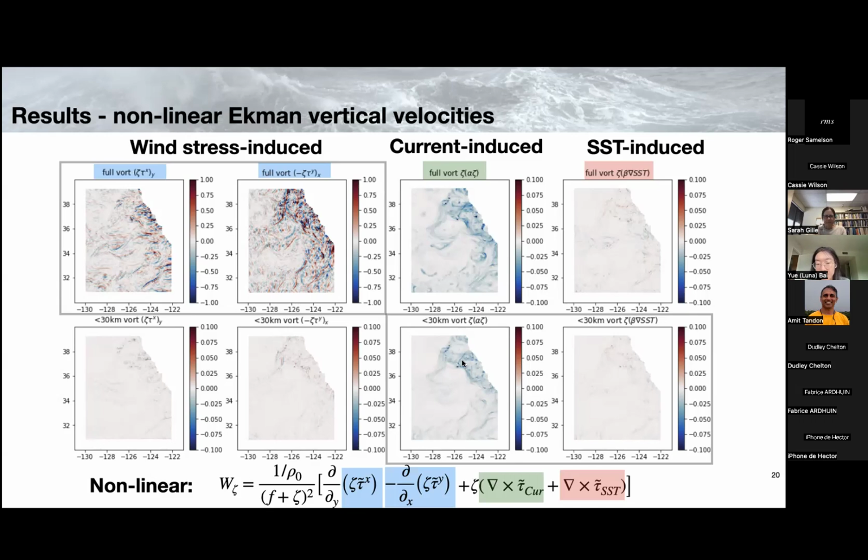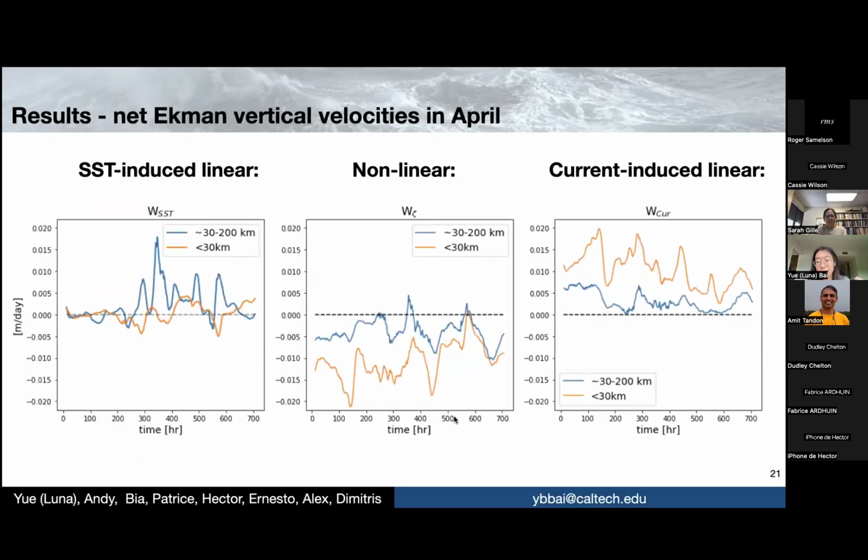I think that could also explain why this submesoscale component of the current-induced nonlinear Ekman vertical velocity, if we look at it in this average sense, is kind of mirroring the contribution coming from the current-induced linear Ekman vertical velocity, because they scale very similarly.